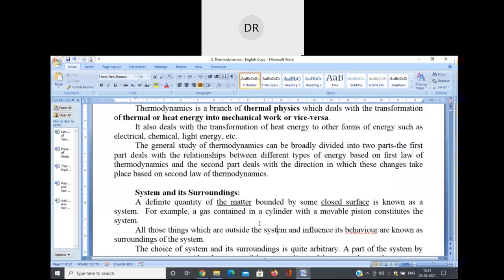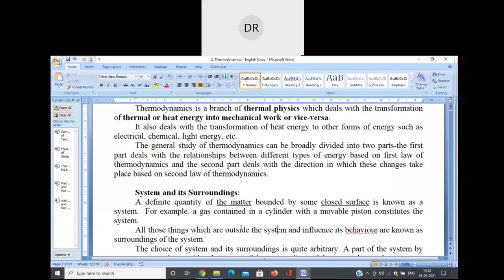Okay. In this topic, we have system and its surroundings. The things which influence the system are called surroundings, whatever they may be. For example, in the case of gas contained in a cylinder, the atmosphere may be treated as the surroundings, or the room where the cylinder is placed is considered the surroundings.